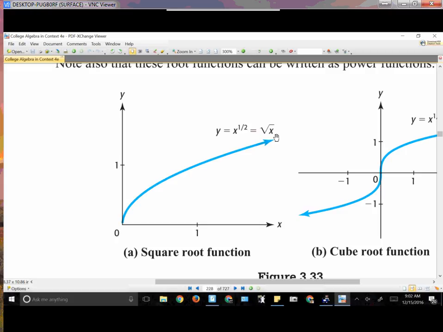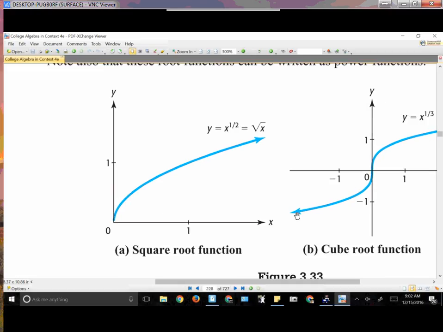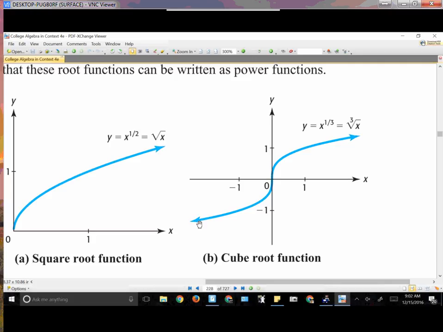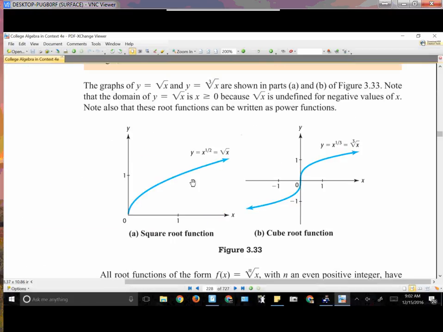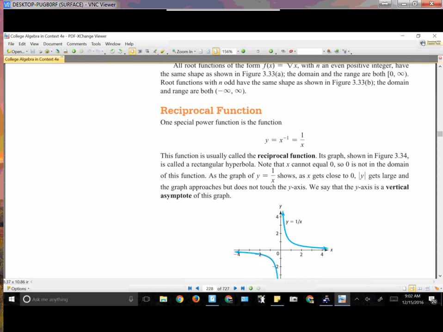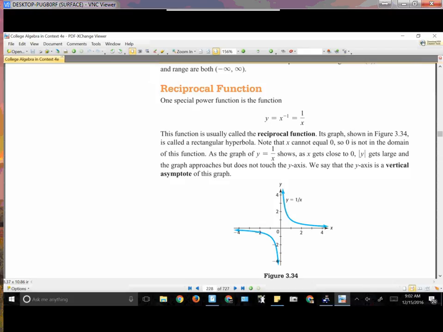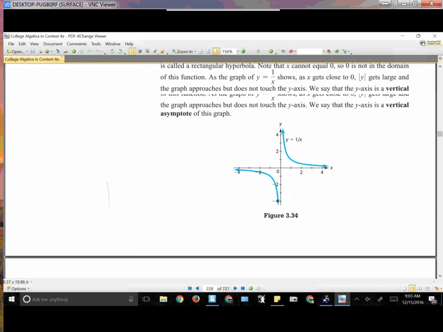Now, square root happens to be the one-half power. If it was to the 1/3 power, that would be a third root, which would be what I'd be looking at over here. So, it's just a different way of writing out what the roots are. There is also the reciprocal function. Okay. Looks like that. Creates a graph like that.